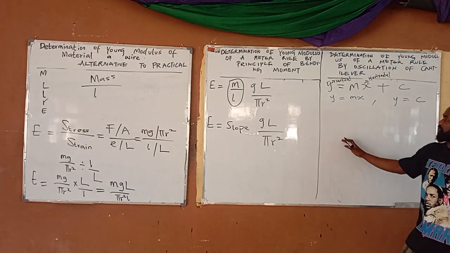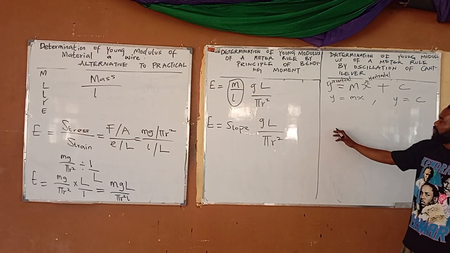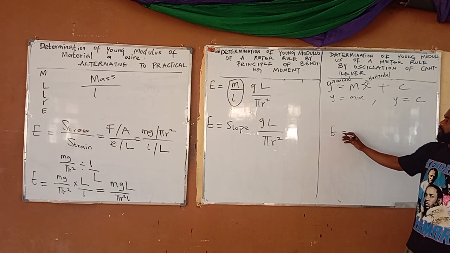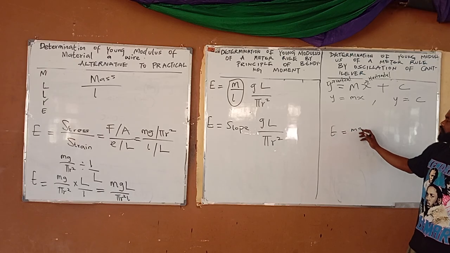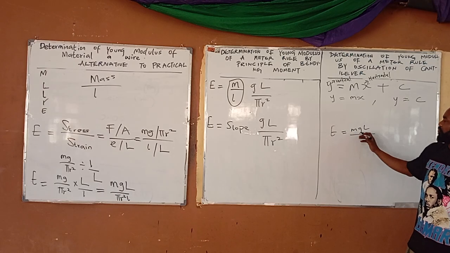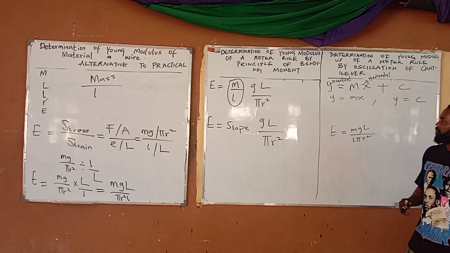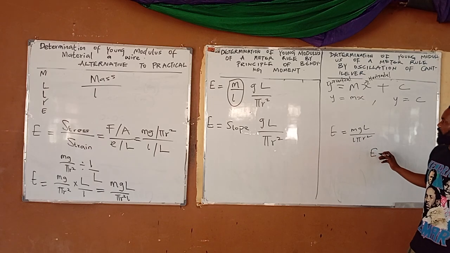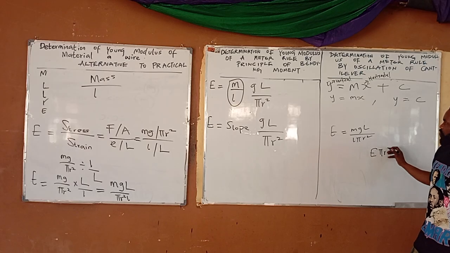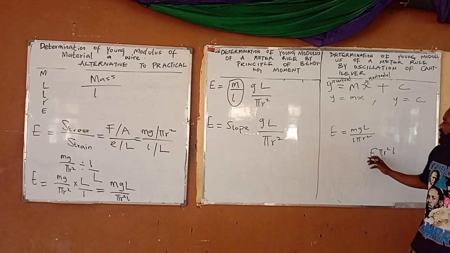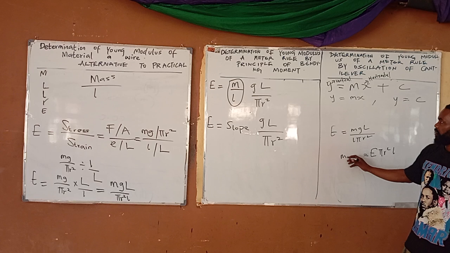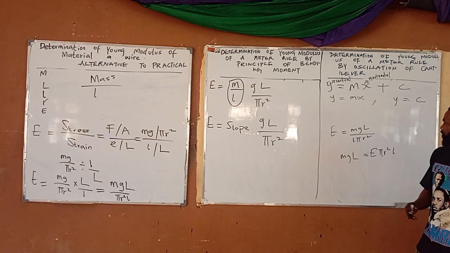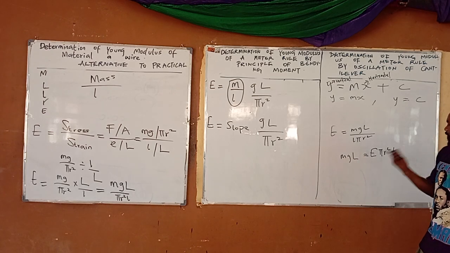So how I will do that is to simply say E equals mgl over L by R squared. So that by the time I do this, this is the same thing as saying E by R squared L, small l, is equal to mgl. Very simple.